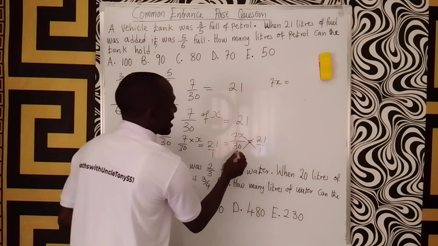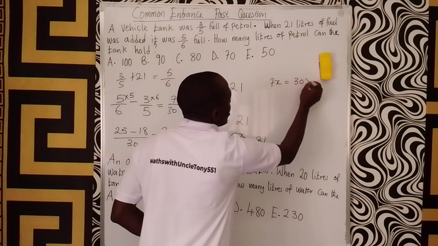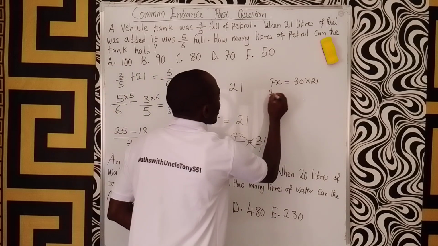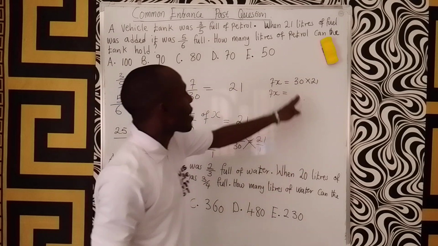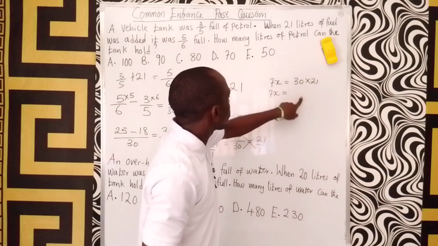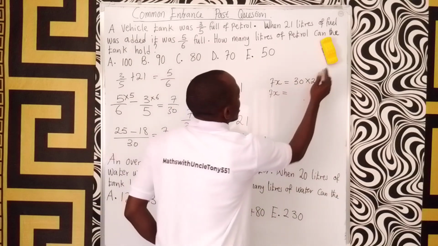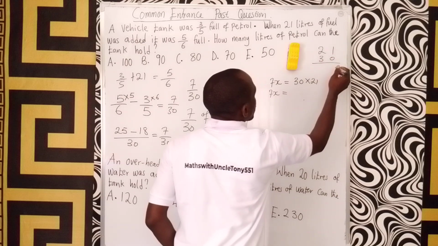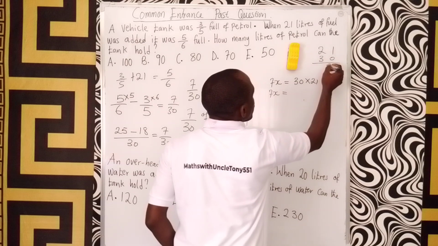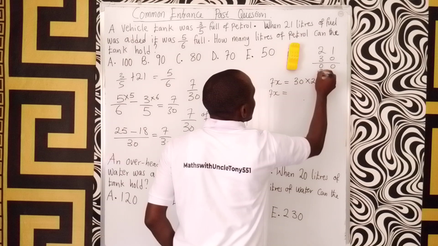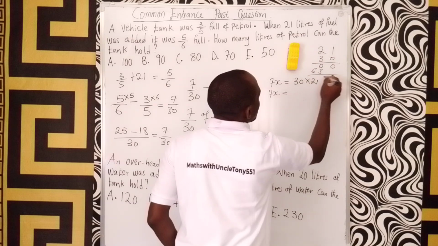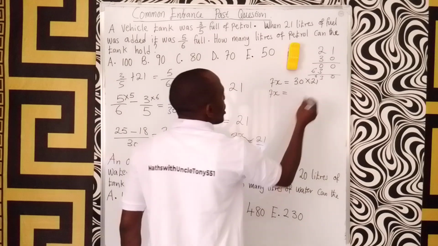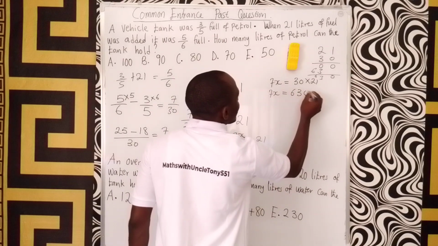Now let's multiply 30 by 21 the quickest way, when you have a multiple of 10. 0 times 1 is 0, 0 times 2 is 0, 3 times 1 is 3, 3 times 2 is 6. We have 0, 3, 6. So 30 times 21 gives us 630.